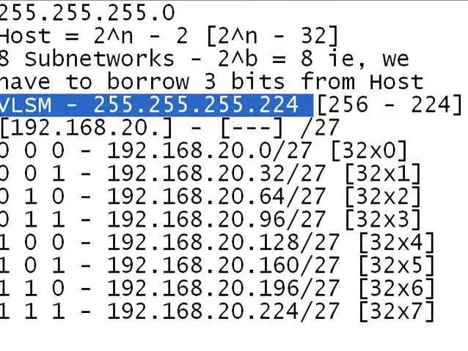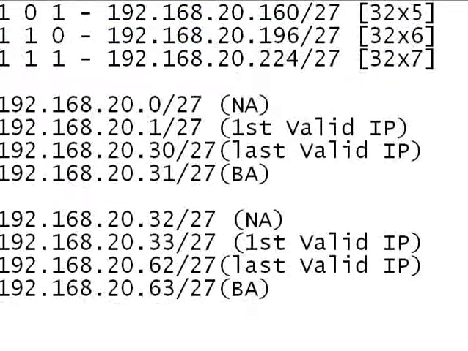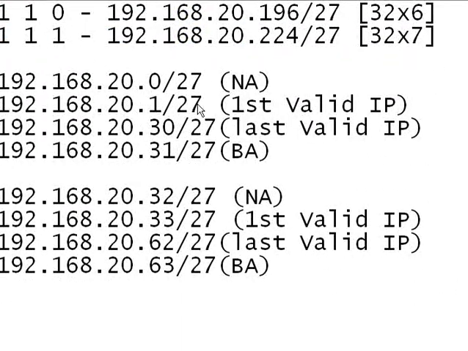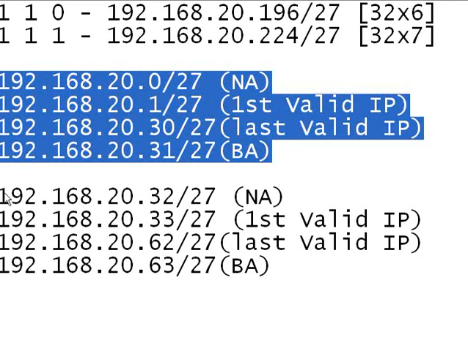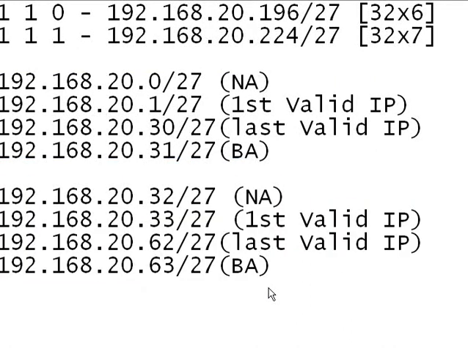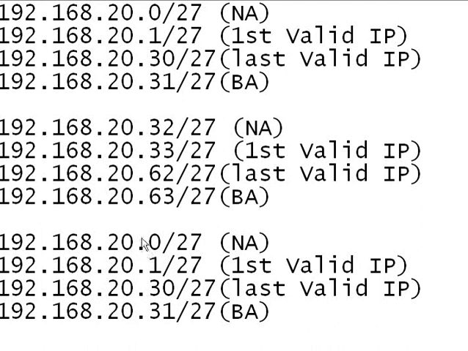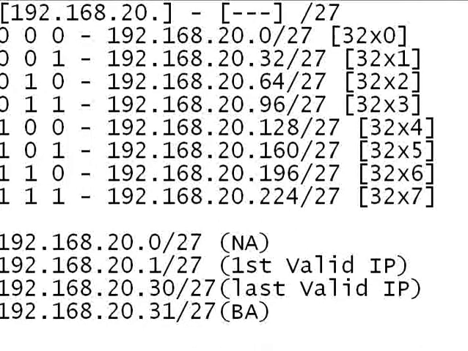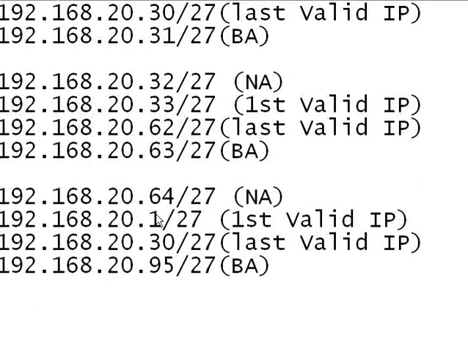Quickly, let's do the other specifications. The next one will start from 64. It will go till 95. Let's verify. Yeah, 95. 65 will be the first valid IP and 94 will be the last valid IP. The next one will vary from 96 to 127.